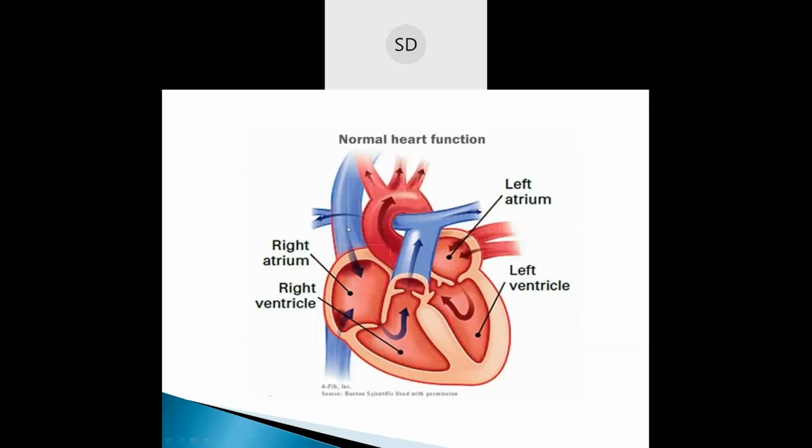Cardiovascular system. Cardio means heart, and vascular means blood vessel. From the superior and inferior vena cava, blood comes through.